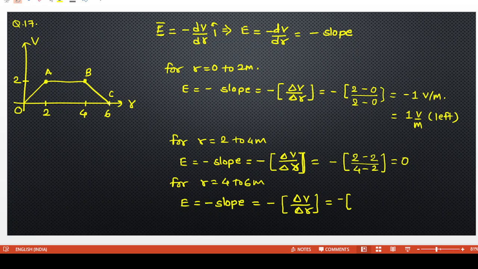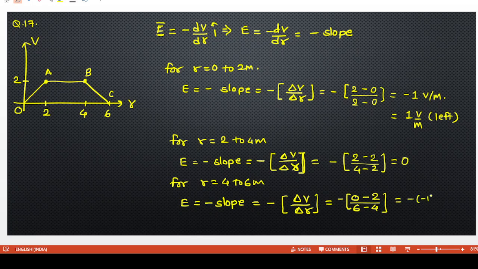Final point, final y minus initial y. What is final y? For point C, what is final y? 0, minus what is initial y? 2, upon change in x. What is final x? 6. What is initial x? 4. The answer is going to be minus 2 upon 2.